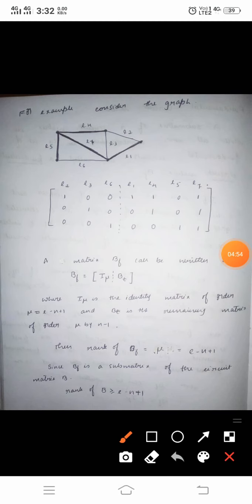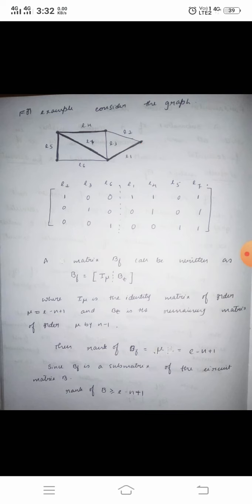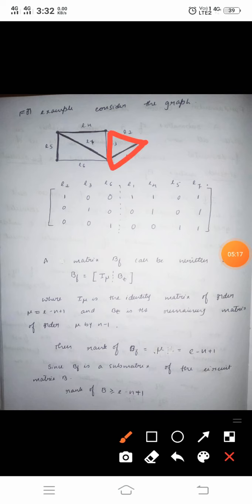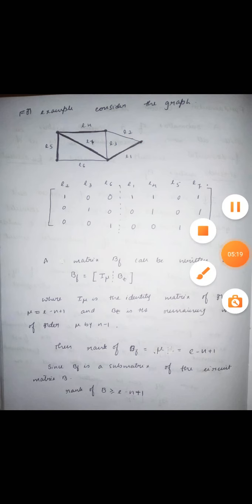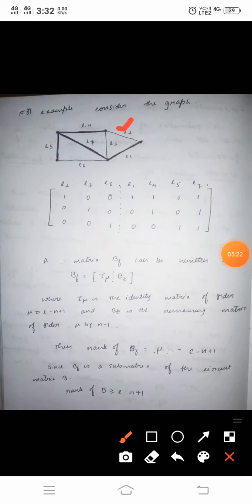From each chord we can get a fundamental circuit. From E2, the fundamental circuit is what? Is this a fundamental circuit? No. Fundamental circuit means the circuit formed by exactly one chord. Here, this is not a fundamental circuit because here we have two chords, E2 and E3.